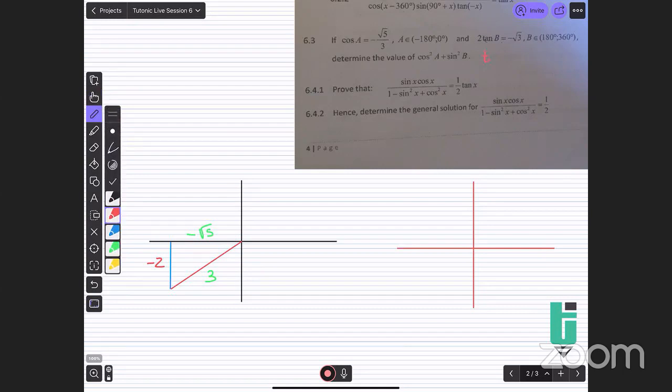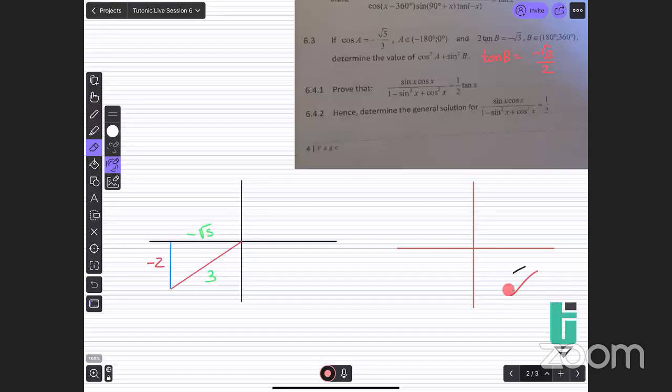So we're going to rewrite tan beta as negative √3 over 2. Which quadrants is tan negative? Second and fourth. And what do they say beta is? Between 180 and 360. So it will be the fourth quadrant. You guys see how easy it is?